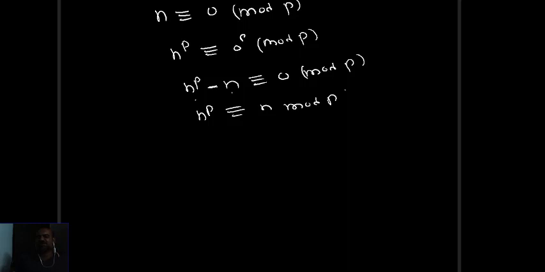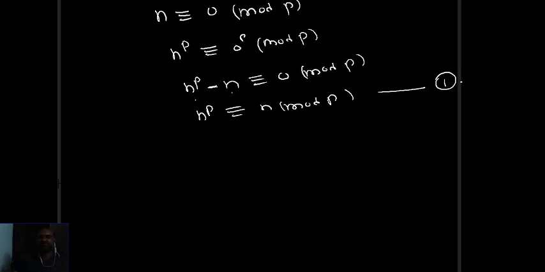So n power p minus n also congruent to 0 modulo p. Reason is n is a multiple of p, so n power p and n are both divisible by p only. So what I can say, n power p congruent to n modulo p. Now I can say this is result number 1.